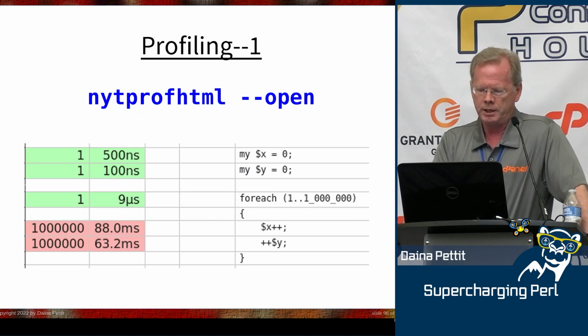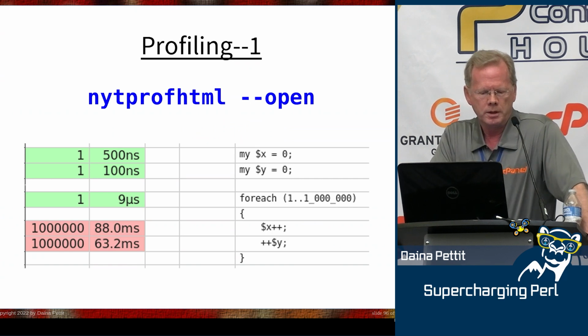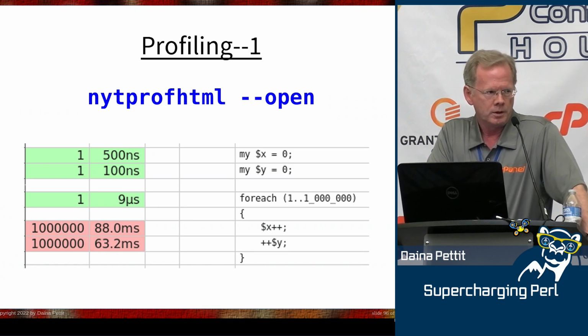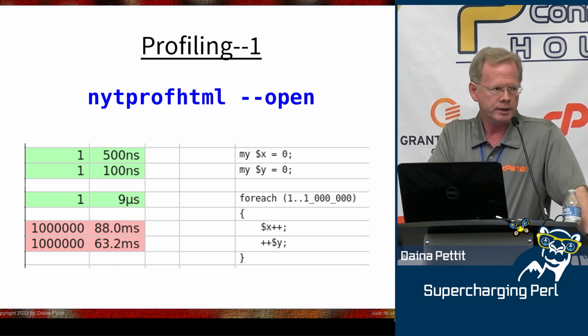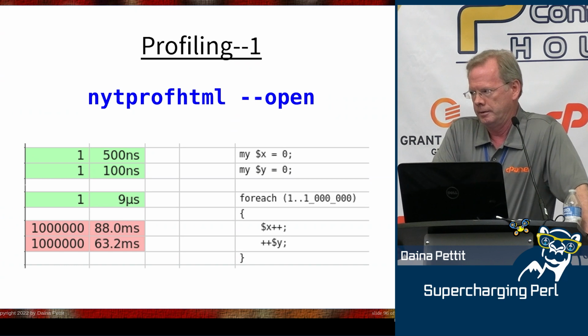For NYTProf, there's a number of different ways you can do it. One of the more popular ones is to use the post-processor nytprofhtml, which will process that profiling log and create an HTML view of it.